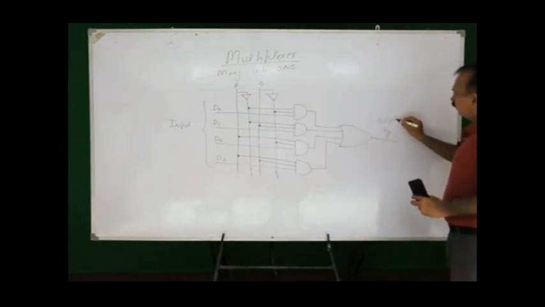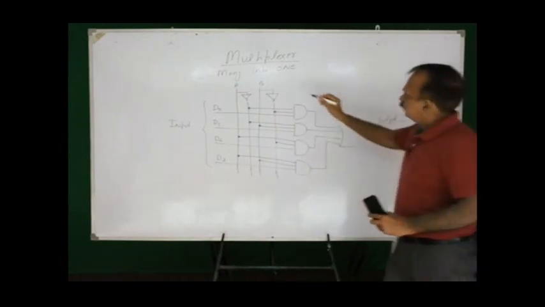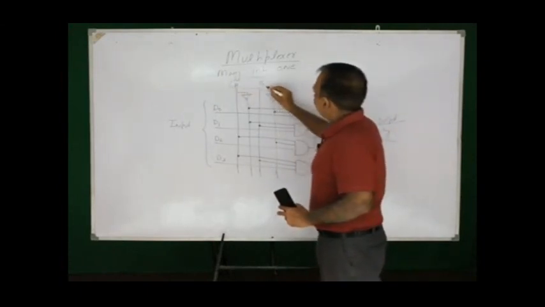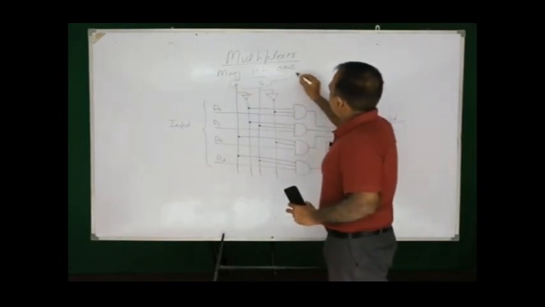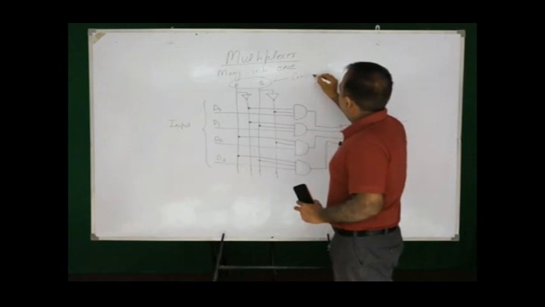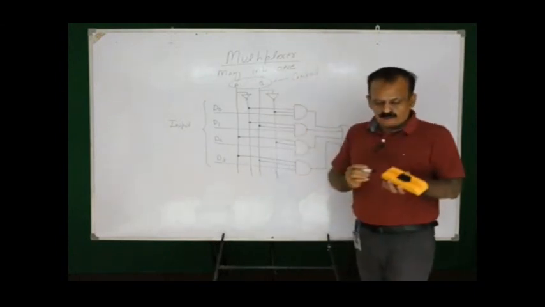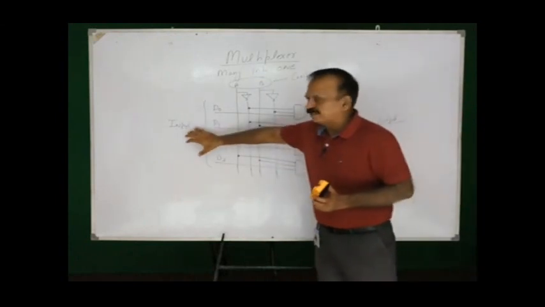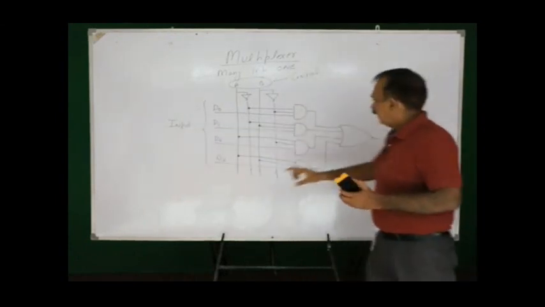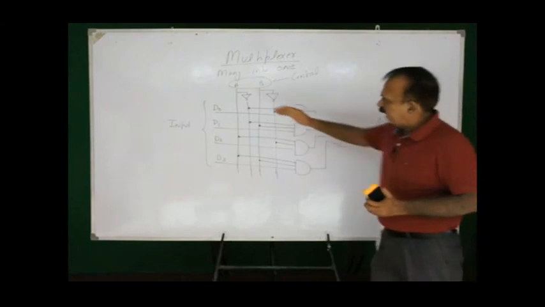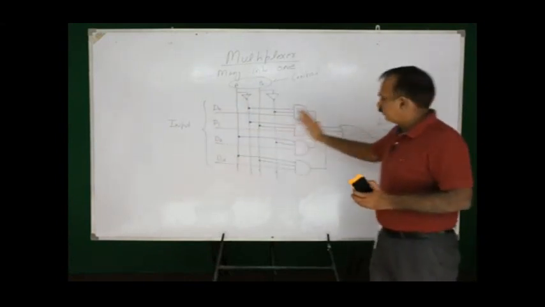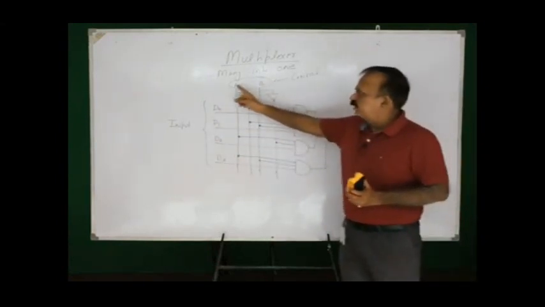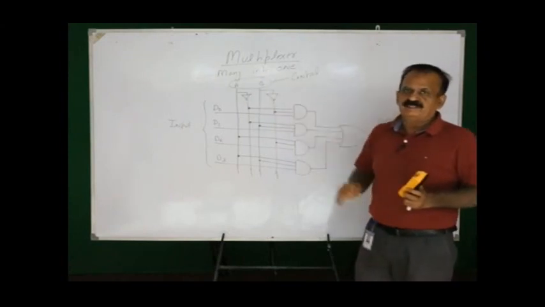Now the particular input will be connected to this output depending upon the control signals. These are the control signals. Now this is a 4 to 1 multiplexer, a circuit with 4 inputs and 1 output. Any of these inputs will be connected to the output depending upon these 2 control signals.